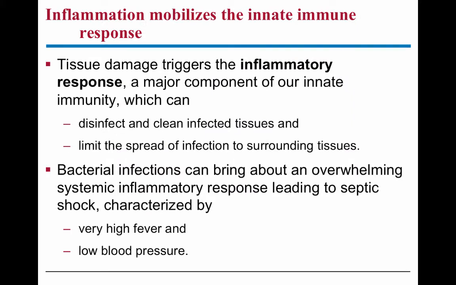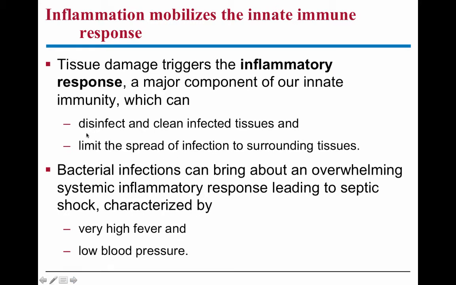All right, in addition to the defensive proteins, the innate immune response also involves the inflammatory response, or inflammation. This is a major component of innate immunity. It disinfects and cleans infected tissues, and it can limit the spread of infection. Remember, though, this comes with a caveat.